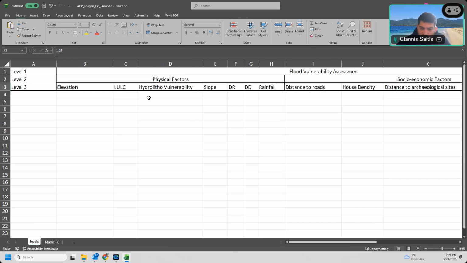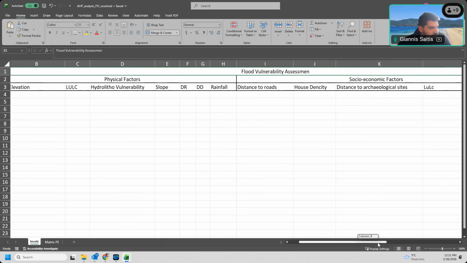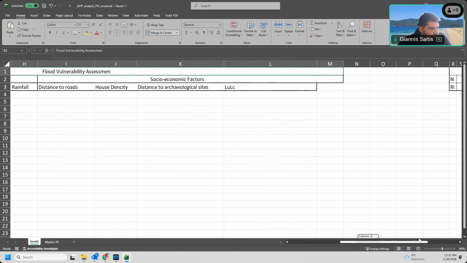So first of all, we have to put in levels our questions and our analysis, and variables. The first level is what we want to do. We want to do a flood vulnerability assessment, a spatial analysis on flood.